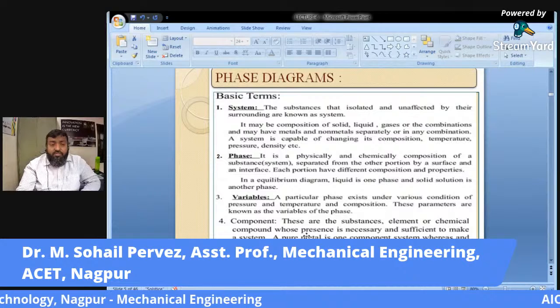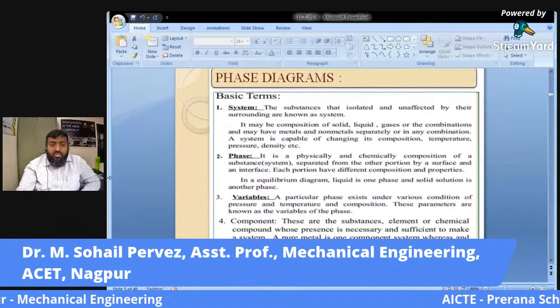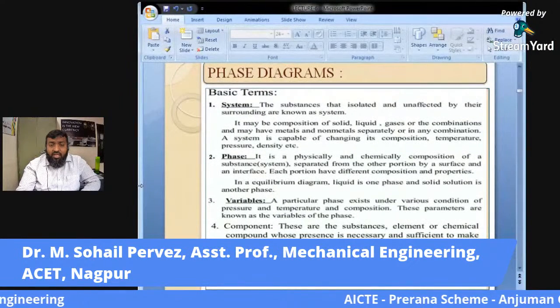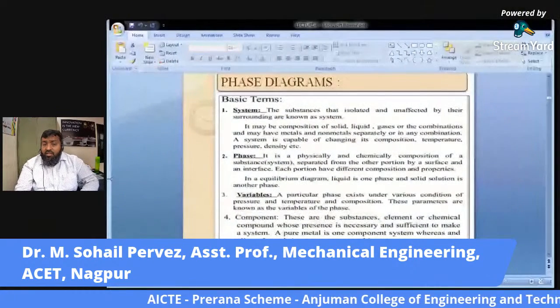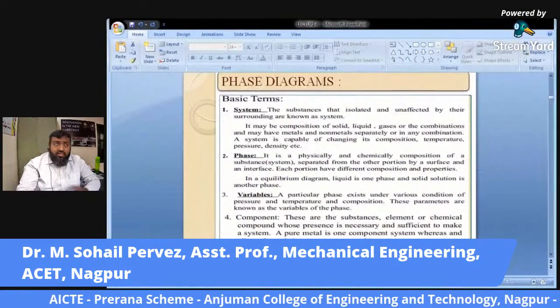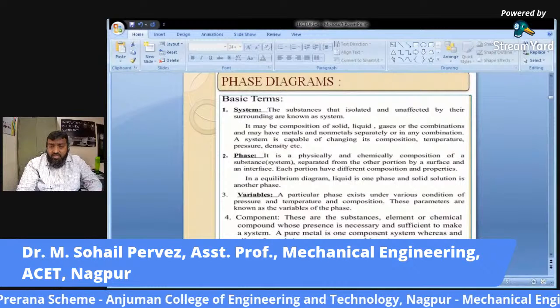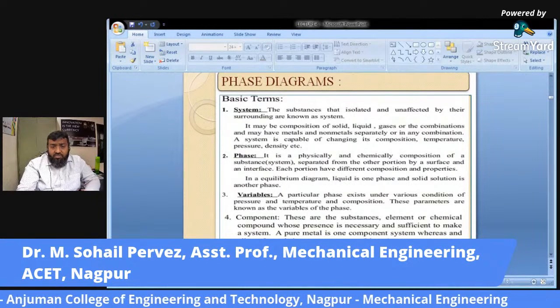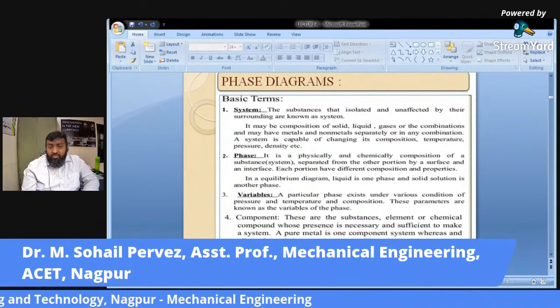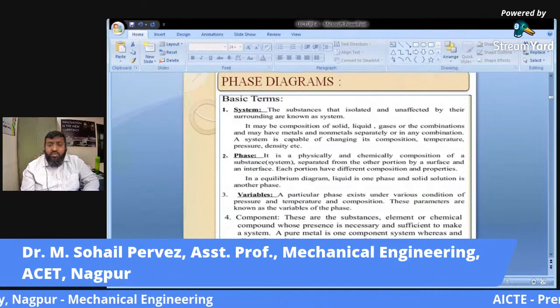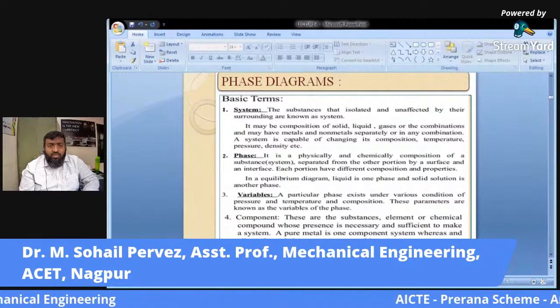Next, components. The components are the chemical compounds or the substances present in the system. A mixture of two or more elements having metallic properties is generally known as an alloy, as we all know.